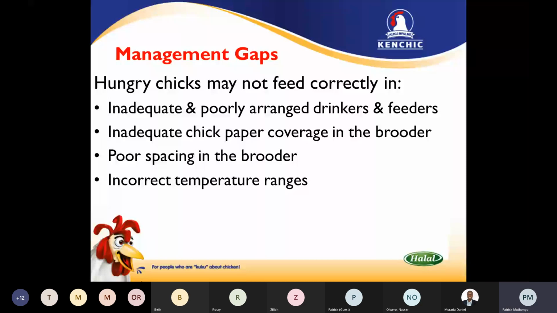You might have adequate feeders and adequate drinkers, but they are not properly arranged. So thus, feed and water is not easily reached by the birds. So there is an issue of reaching feed and water by the birds, which could lead to starvation, birds feeding on anything, the wood shavings, the wood cuttings.